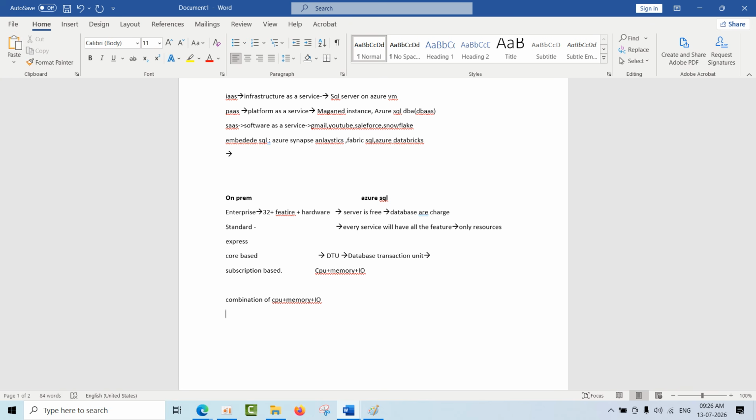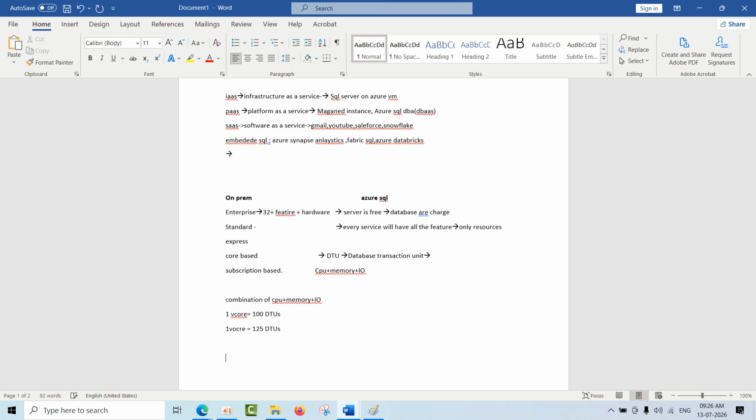In general, one vCore is roughly equal to 100 DTUs, approximately. See, one core is equal to 100 DTUs. In Business Critical or Premium, one core is generally equal to 125 DTUs.